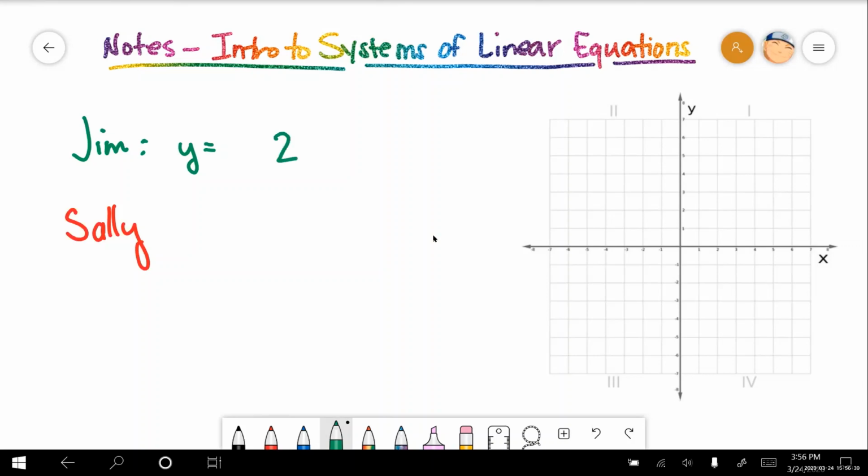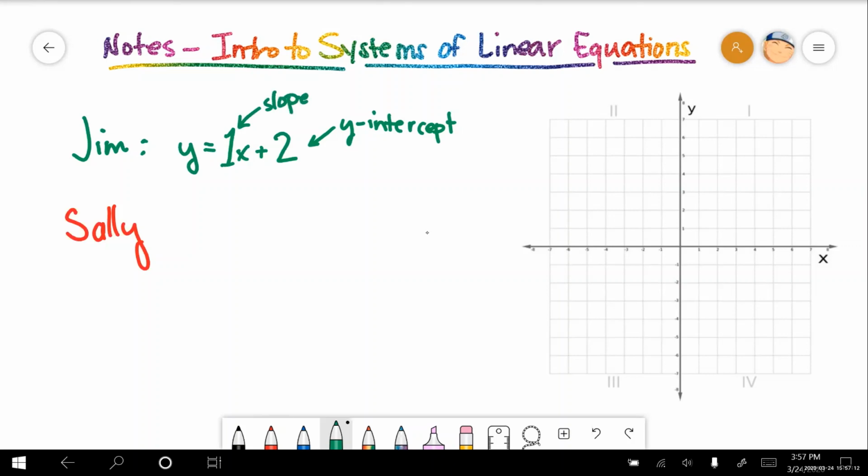We're starting out small here because Pokemon cards start to get pretty expensive. And then every day, Jim's going to get 1 more Pokemon card. An equation to represent Jim's Pokemon card collecting habits could be y equals 1x plus 2, 2 being our starting value or y-intercept, and 1 being our pattern or our slope.